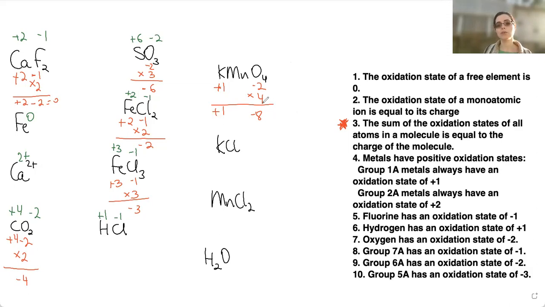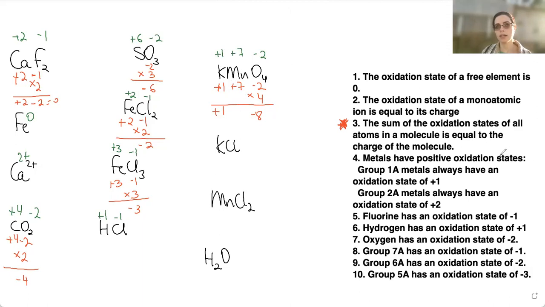So to balance out -7, manganese has to be +7. And now let's just write that down. +1, +7, -2. It makes sense, right? Because we have 2 metals here, and metals have positive oxidation states.